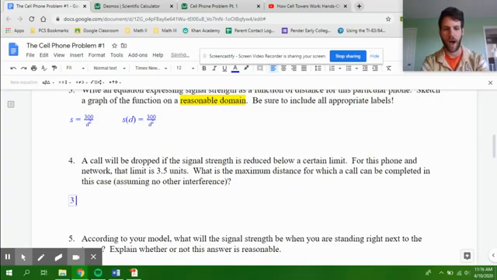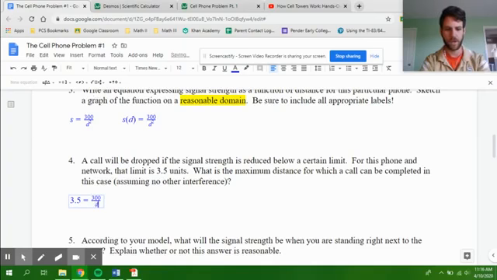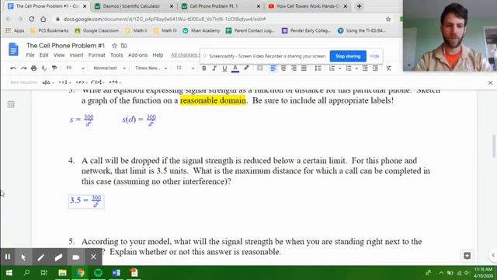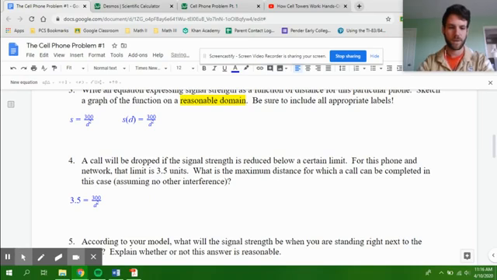And signal strength is the y, so we have to put it in for y equals 300 divided by d squared, 300 over d squared. And so we just need to solve that equation for d.